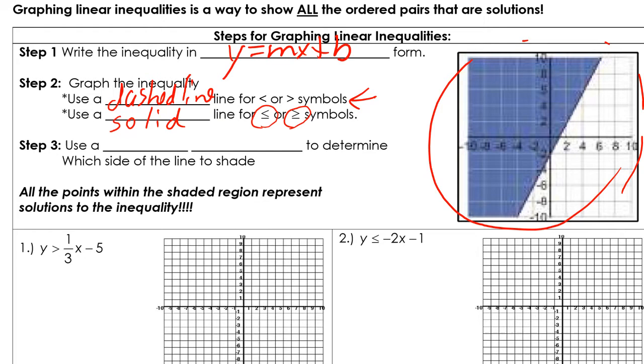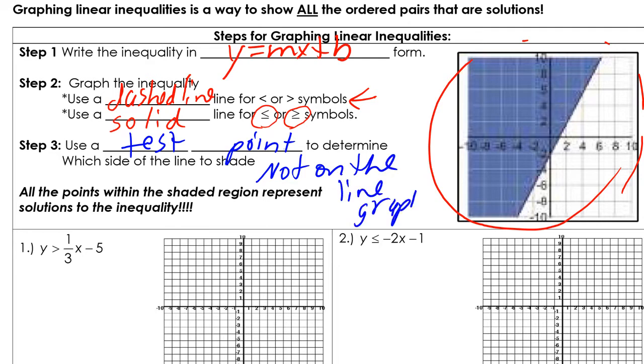One of the ways to figure out which side of the graph to shade is to use a test point. Pick a point not on the line that we graphed and do what we did just a minute ago. Put it into the inequality and see if you get a true statement. If it's true, then we will color on that side of the line.